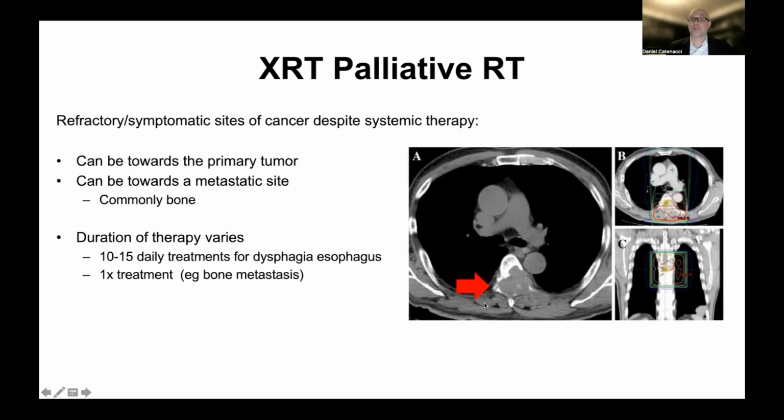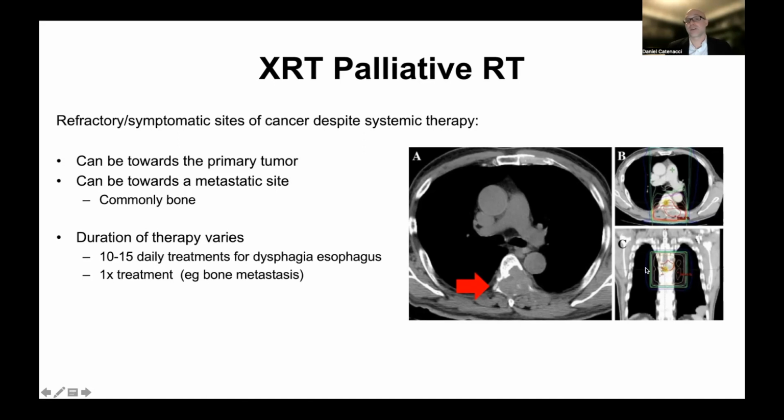This is an example on the right of a bone metastasis in the vertebral column in the spine. And remember, the spine should be all white, but you can see this soft tissue mass, which is the cancer lesion inside the bone there. And that can be very painful. And so this is the planning of the radiation field.